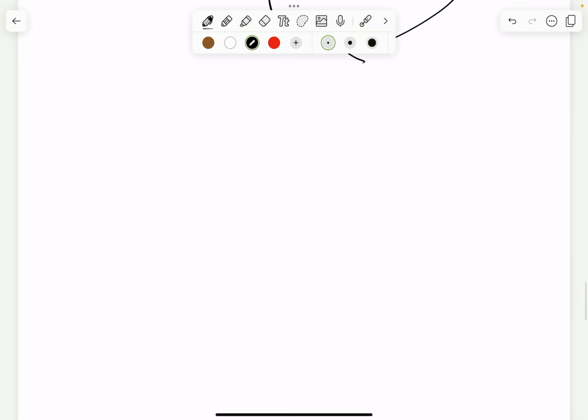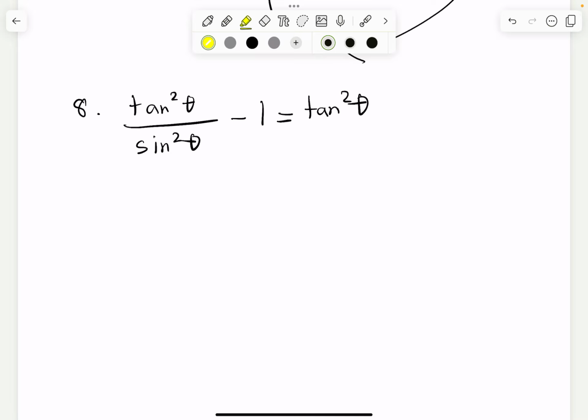All right, number 8. Looking at this problem, I'm going to highlight this part first. We're going to be working on the left side, but I'm highlighting this part because I am curious to see what would happen when I divide these.